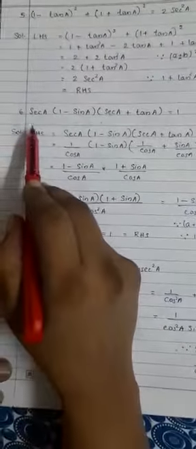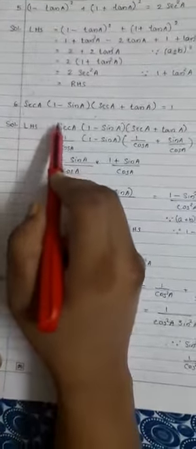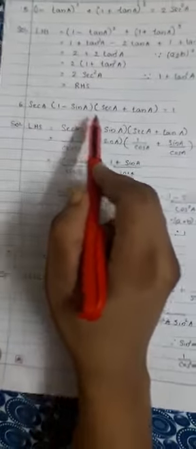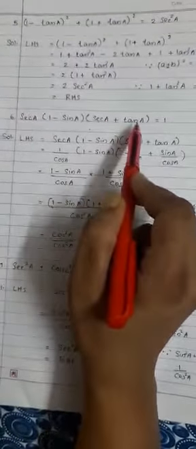Next question. Sec A into 1 minus sin A into sec A plus tan A equal to 1.